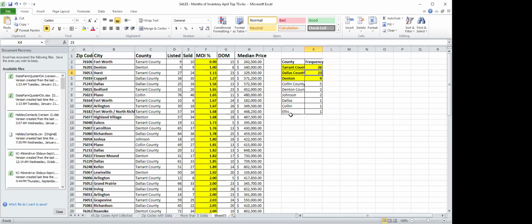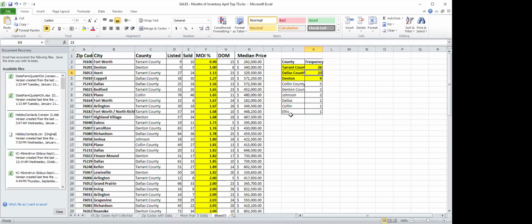So if I were to flip some homes in the next 30 to 90 days, I would probably put most of my attention on Tarrant County and Dallas County, and then do a very, very large scrutiny of homes in Denton County and Collin County before I attempted to go under contract on a deal in those counties.